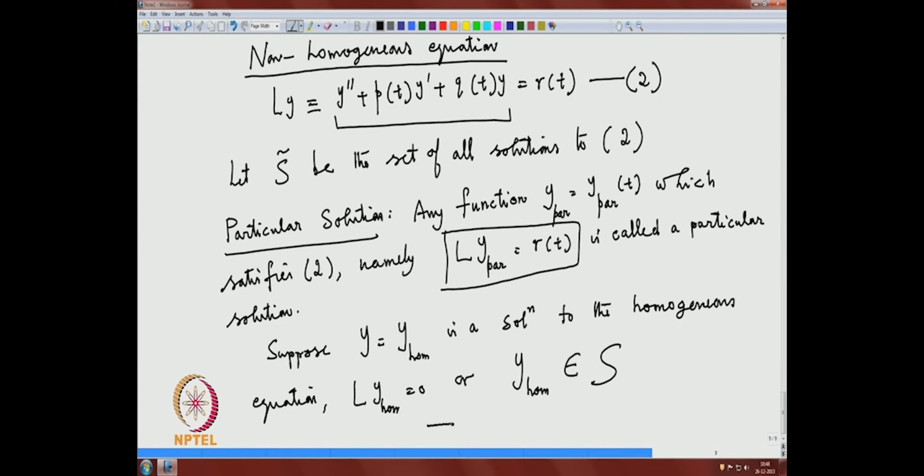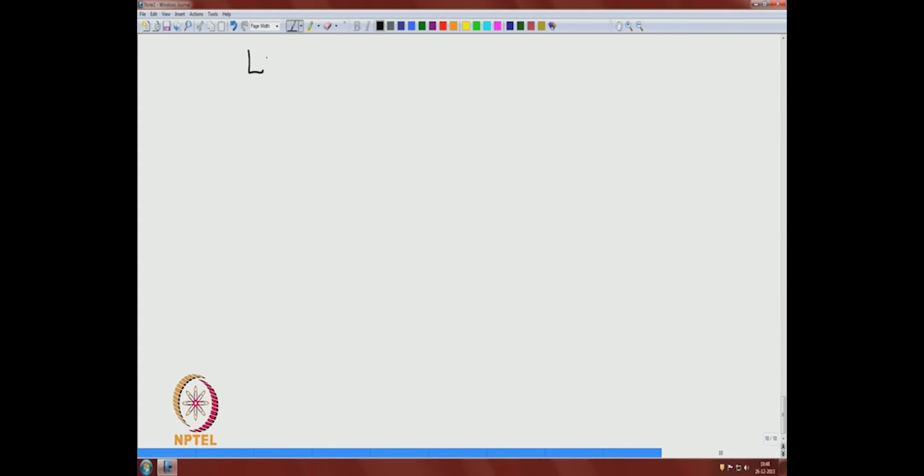Then consider y equal to y home plus y particular. In other words, I am taking one solution from the homogeneous equation and any particular solution. What would be L of y? L of y is equal to L of y home plus y particular.